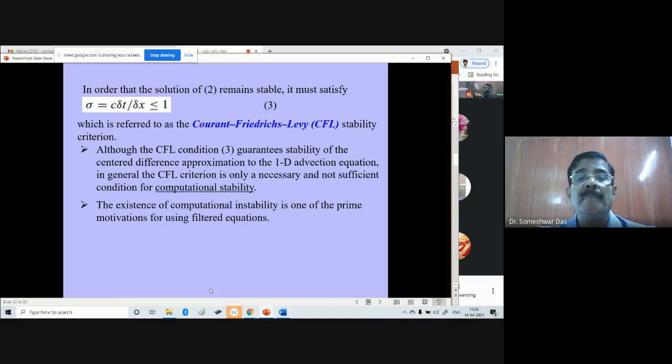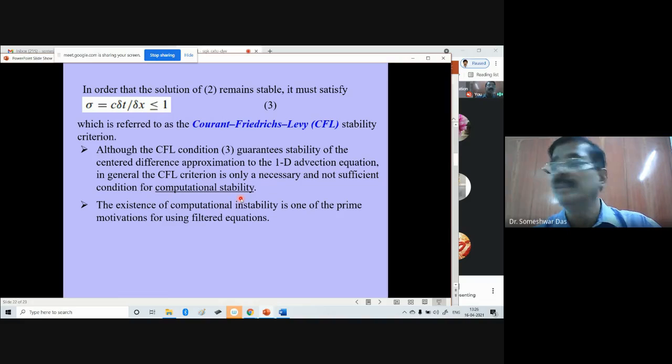But the point is, even with the CFL condition, which I already discussed, in order that the solution of the equation remains stable, it must satisfy the CFL condition, that is C delta T by delta X must be less than or equal to 1, called the Courant-Friedrichs-Lewy condition. Now, although the CFL condition guarantees the stability of the centered difference approximation to the one-dimensional advection equation, in general, the CFL criterion is only a necessary and not a sufficient condition for computational instability.